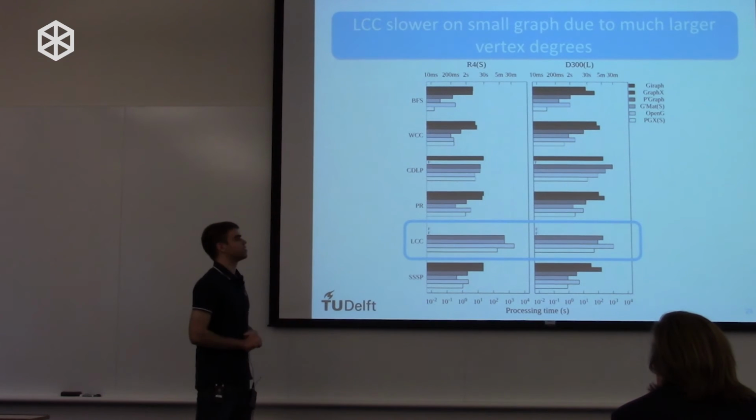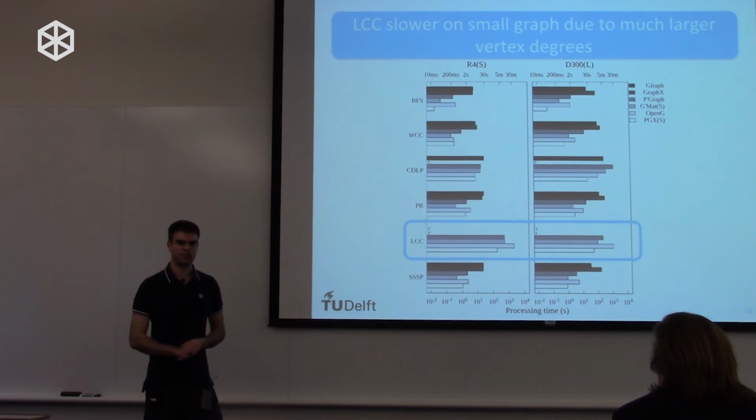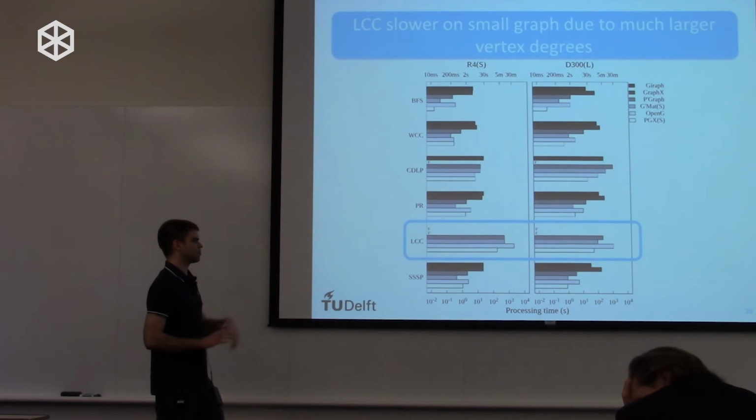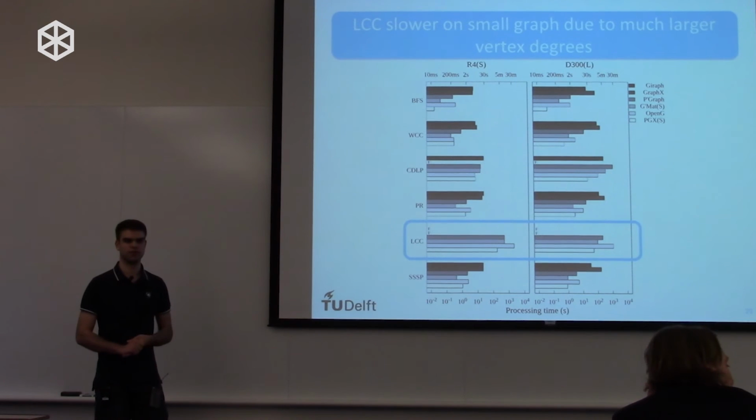It turns out that this graph was a particularly dense graph, and local clustering coefficient scales with the square of the degree of vertices, which explains why for this dense graph, it was the slower of the two.